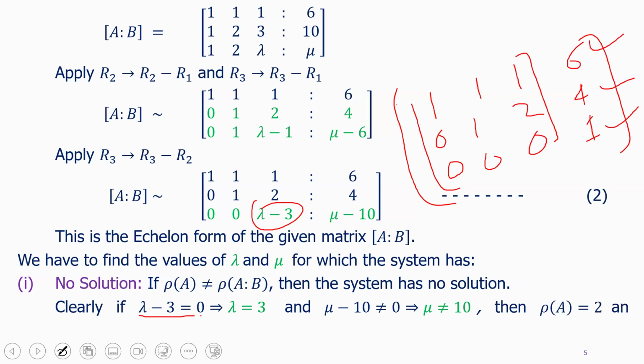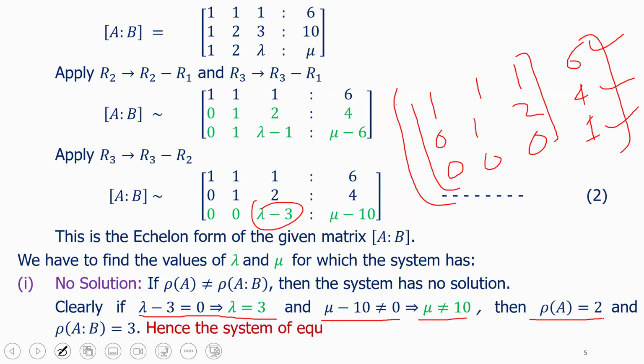If lambda minus 3 is 0, means lambda equal to 3, and mu minus 10 is not equal to 0, means mu is not equal to 10, then the rank of A is 2, and the rank of the augmented matrix is 3. Hence, the system of equations has no solution. So for which values of lambda and mu does the system have no solution?